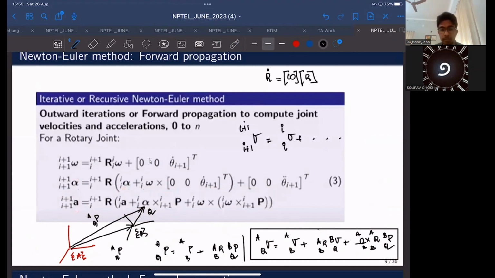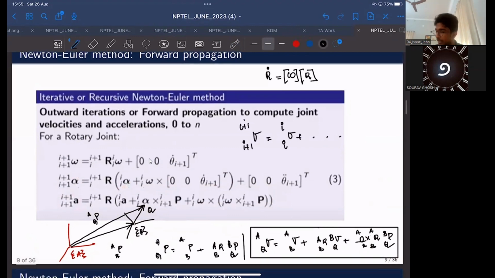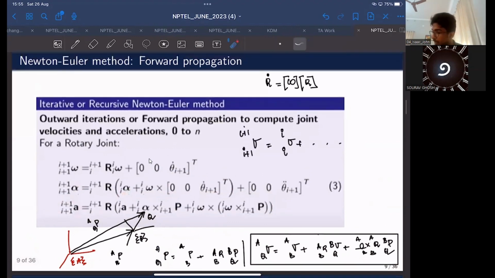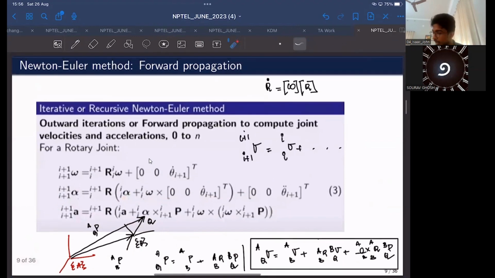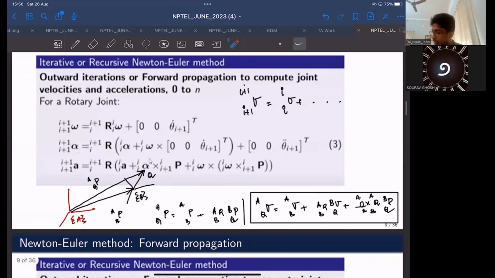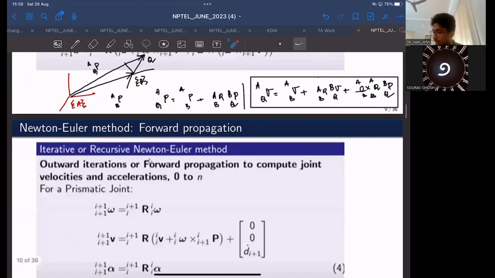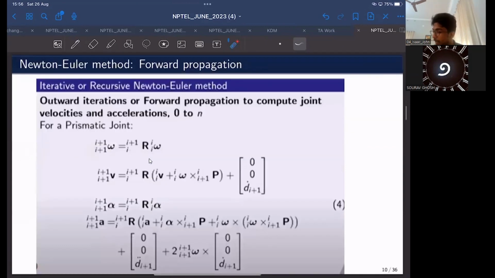This was given in the previous lectures. So that is about the forward propagation of velocities and accelerations.